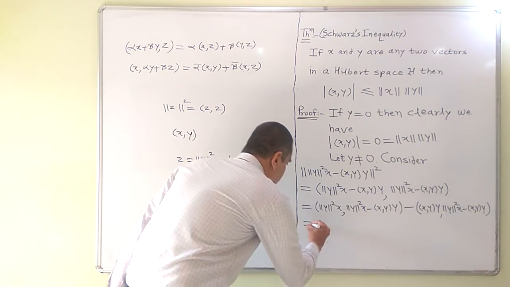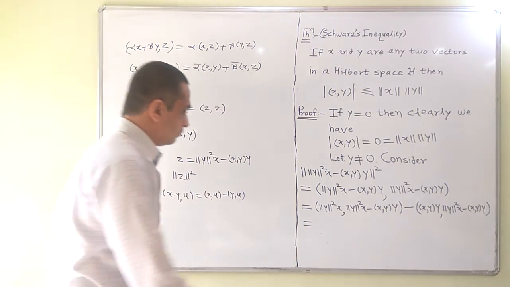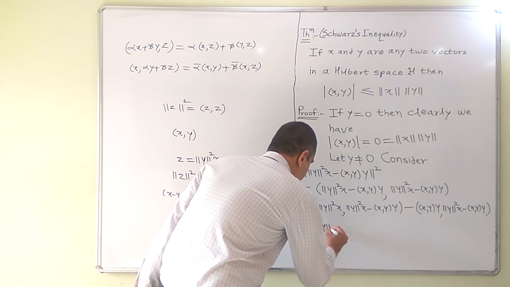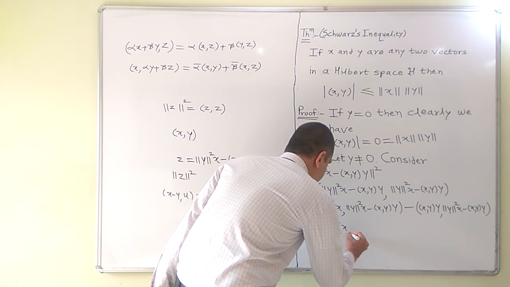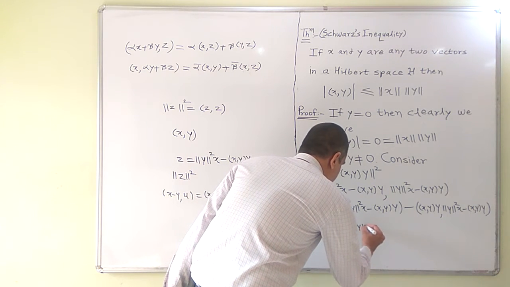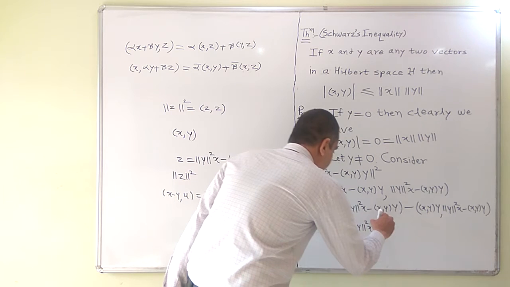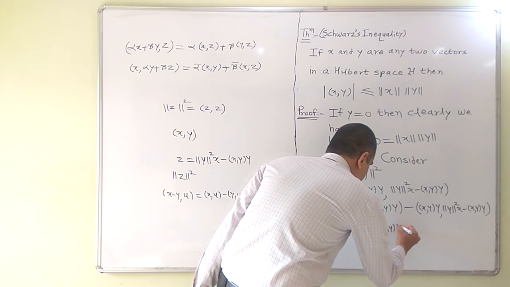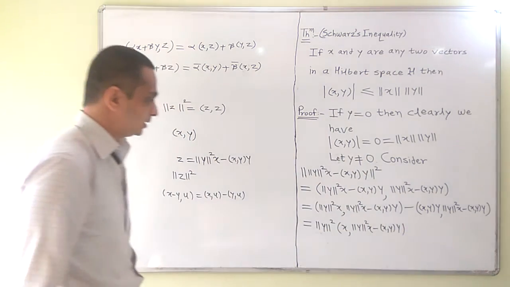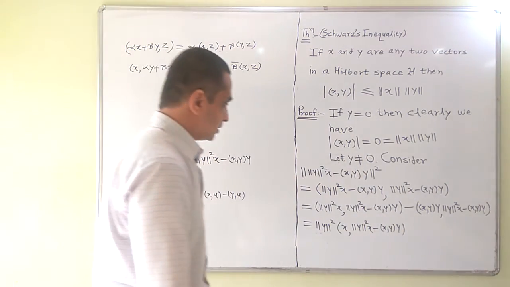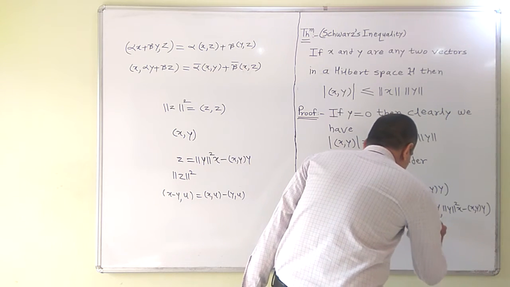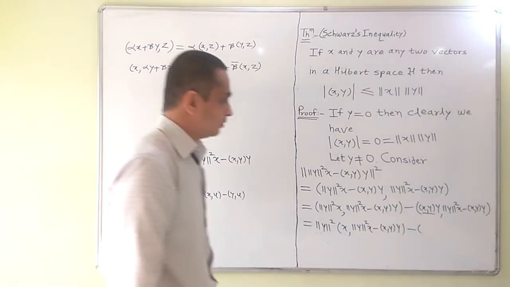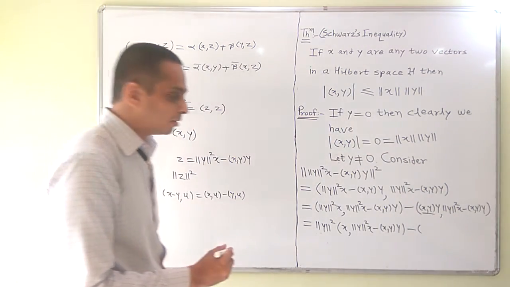So this is equal to norm y square, I can take it outside, times the inner product of norm y square x with the second term kept as it is, minus, again I take this scalar. I am treating inner product of x and y as a scalar. It is simply a complex number.